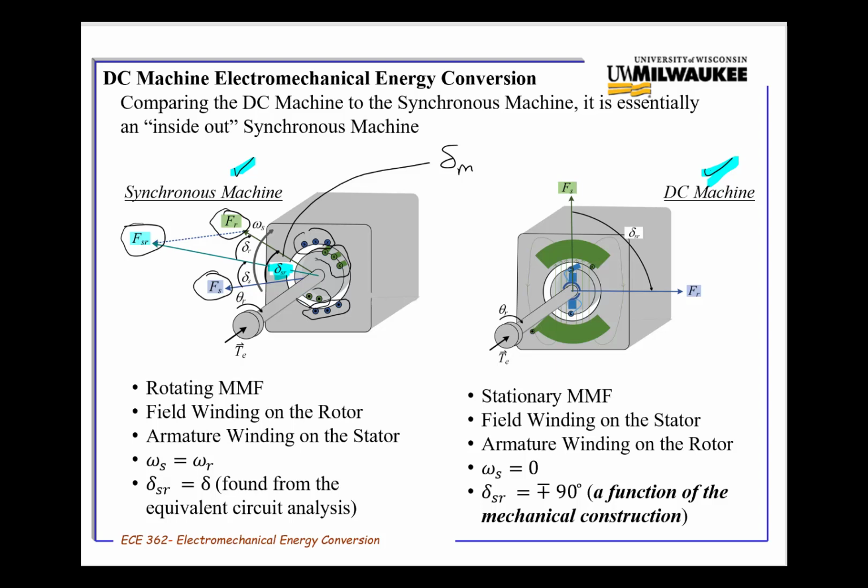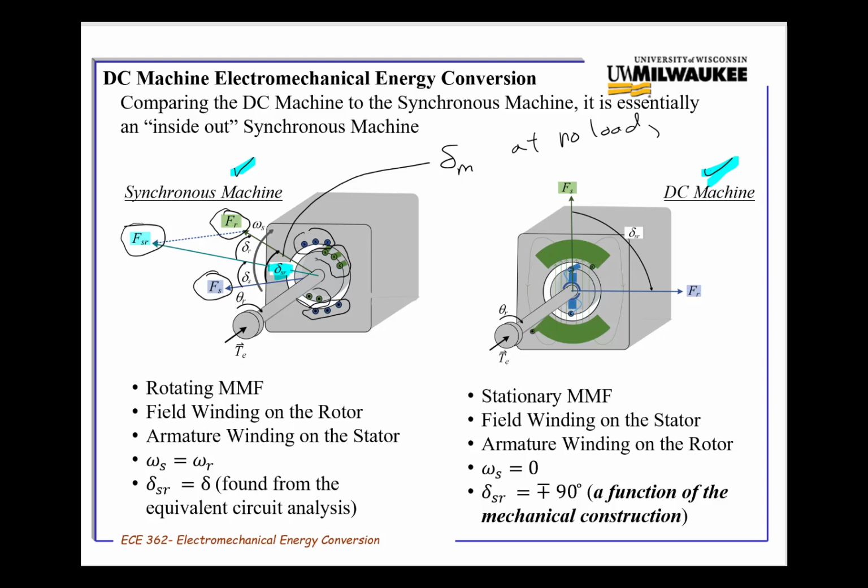When you're at no load, for example, FSR is going to line up with FR. So at no load, there's no torque.